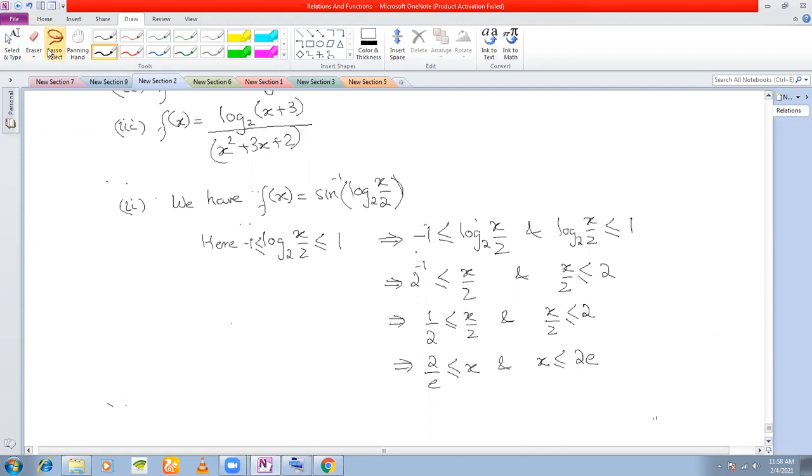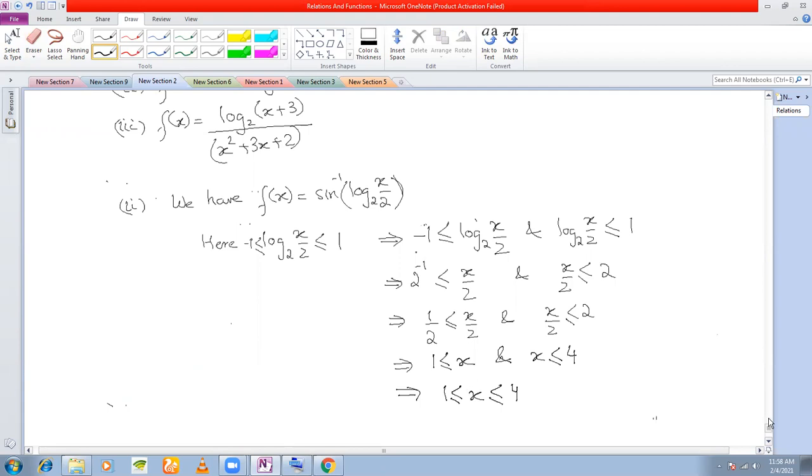Okay, and what else you have? So finally you can write this as 1 is less than or equal to x, and x is less than or equal to 4. That means combining these two, you can write x lies between 1 and 4, right?